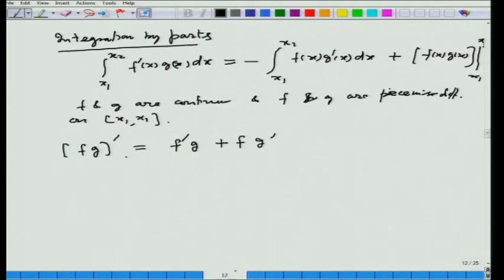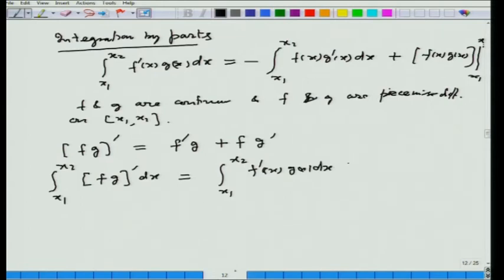So integrating this on the interval x1 to x2, we get the integral x1 to x2 of f prime x g x dx plus the integral x1 to x2 of f x g prime x dx.